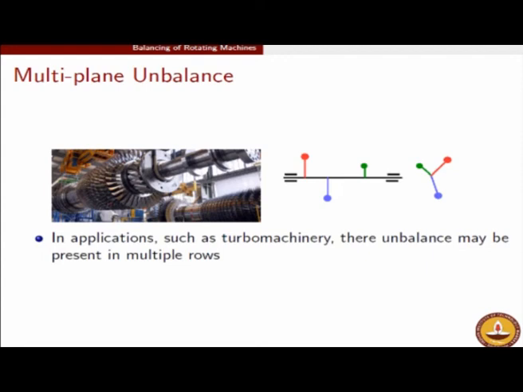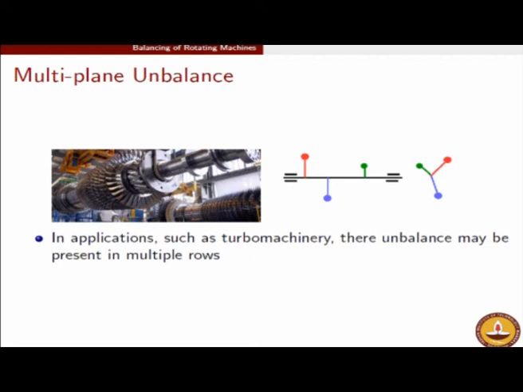But in practice, because of manufacturing variabilities, you will not expect each of these rows to be perfectly balanced. Each of these rows will be inducing some eccentricity. That eccentricity could be really small, in terms of microns, but you must understand that turbo machinery applications demand very high speeds, of the order of 10,000 rpm.